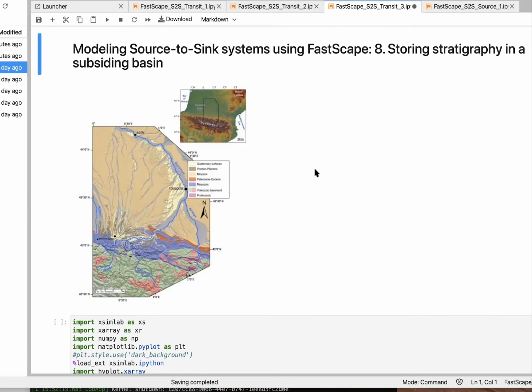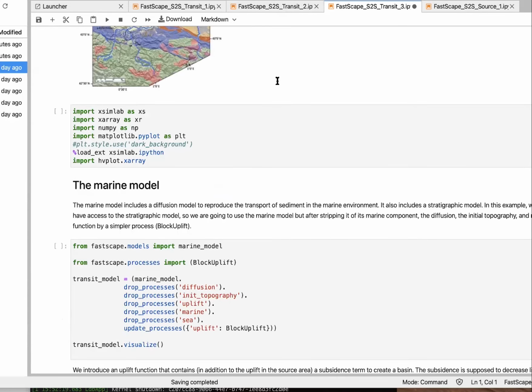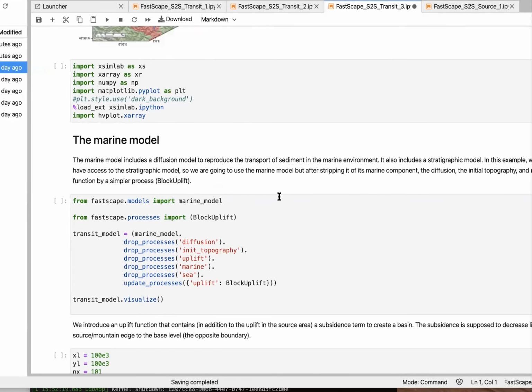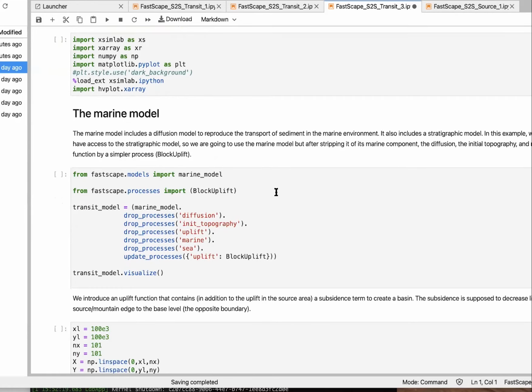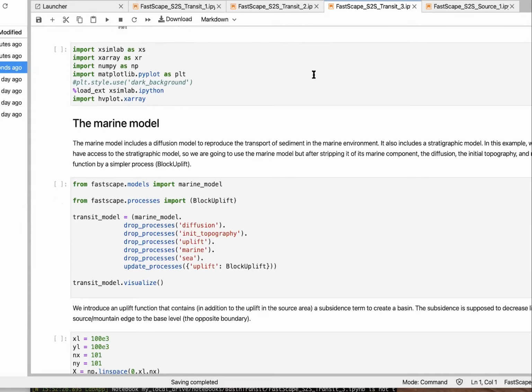I didn't want to go back though, and I realized that the marine model always comes with the stratigraphic model. So what I'm going to do, look at this, okay? You can have a look at the FastScape web page to see what is in the marine model. I know what it is. And I remove everything except the sediment model and the stratigraphy. Okay, so don't try to understand this crazy line.